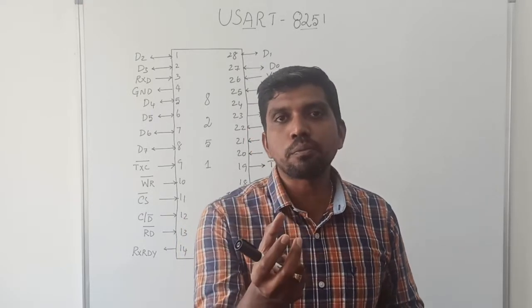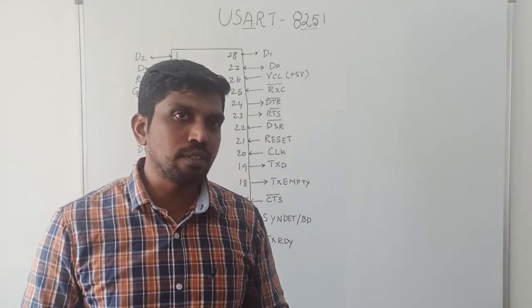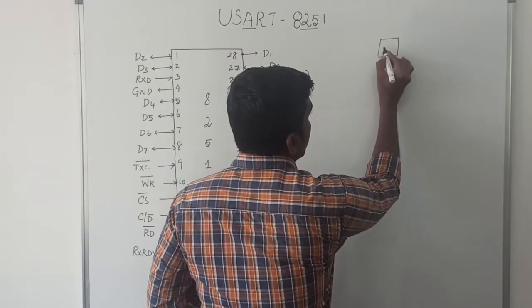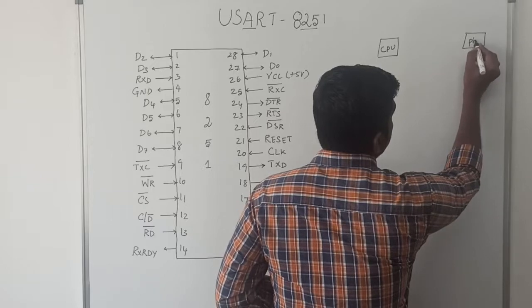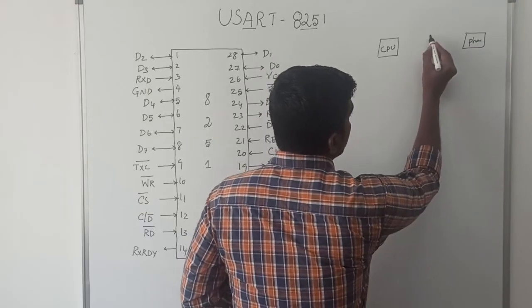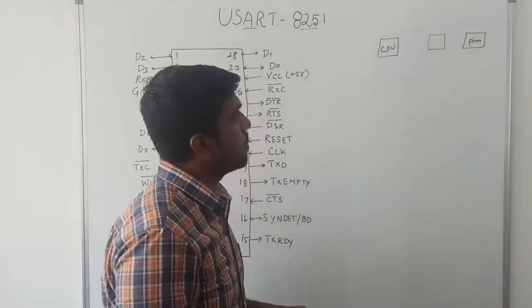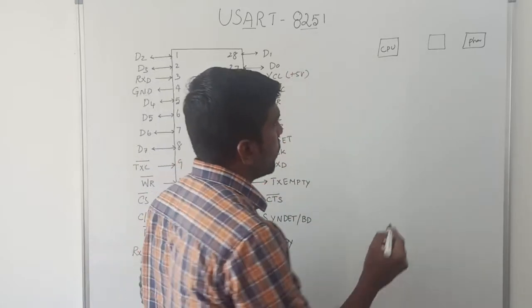This conversion process is done by a device called an interface. So the CPU is placed on the left, and the peripheral device is placed on the right. Between these two devices you use the interfacing medium. In this session I am taking the interfacing device 8251.